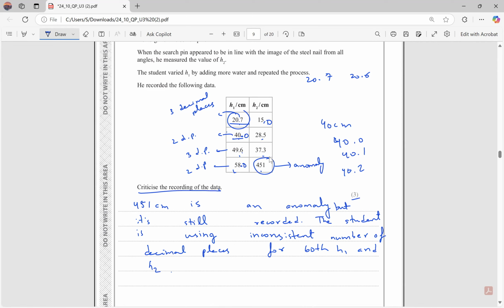And since we just need 3 points, the student did not repeat readings for H1 or H2.